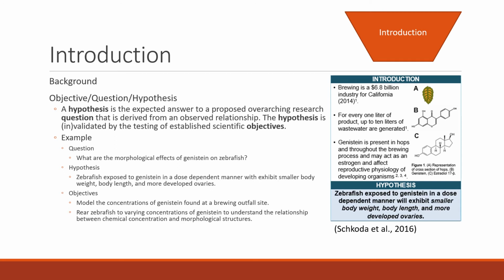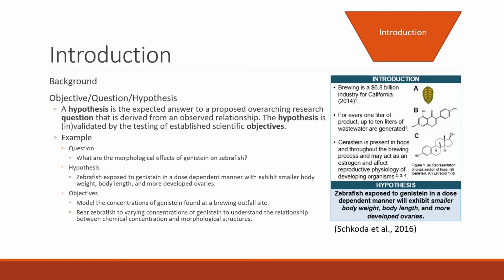In the example to our right, the student starts broad in this introduction by introducing us to the brewing industry in California and successfully narrows down the information to the main problem of gynostine affecting the reproductive physiology of developing organisms.